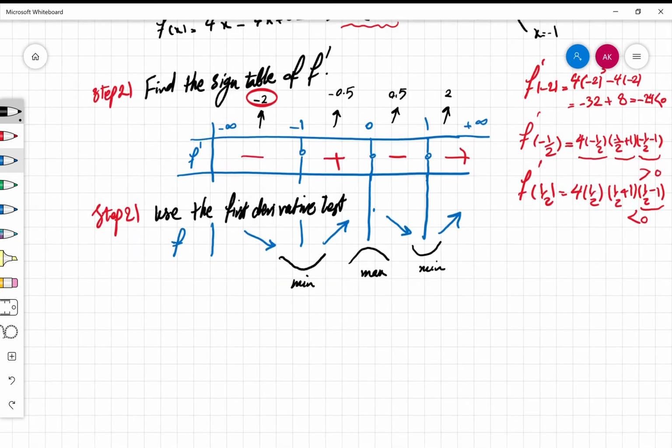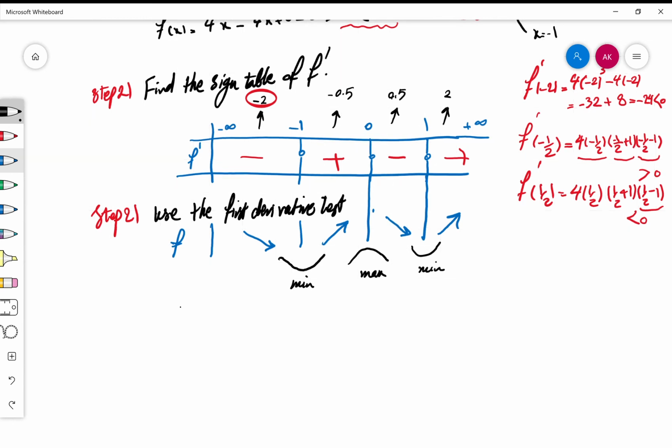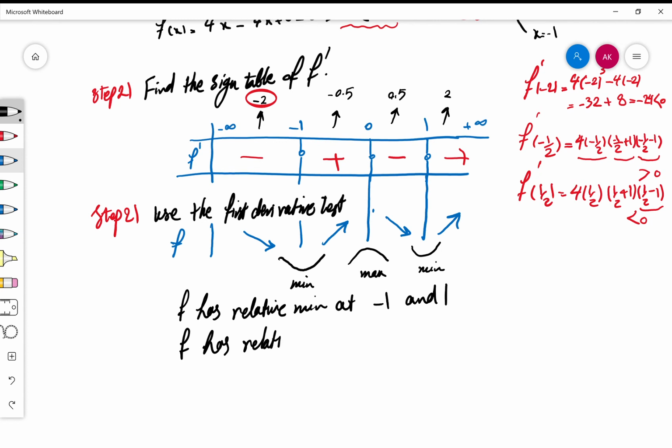So as a result, f has relative min at negative 1 and 1, and f has relative max at 0.